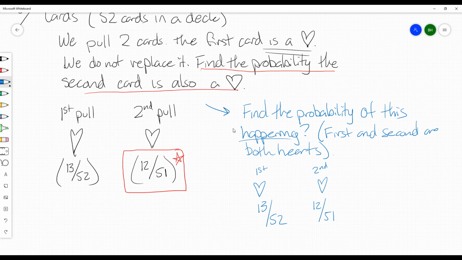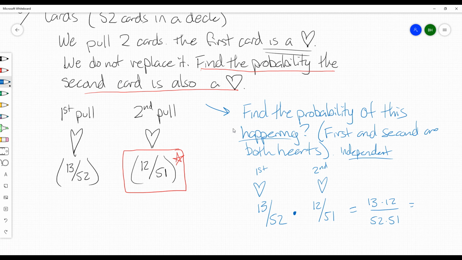Because they both can happen, they're not exclusive events. These are independent events. One, yes, it kind of impacts the other, but they both can happen. I can multiply these together. So I would get 13 times 12 over 52 times 51.